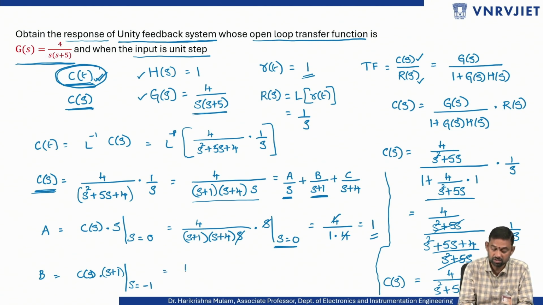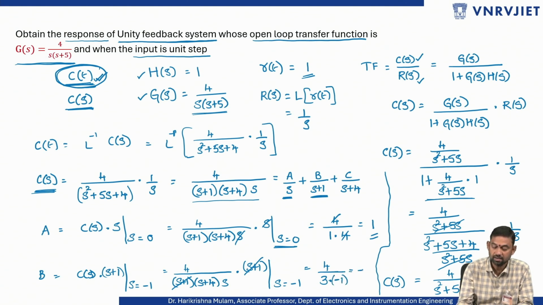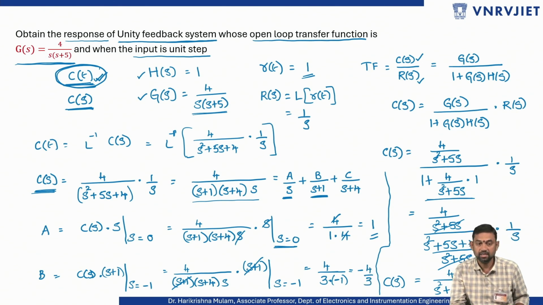C(s) is 4 by (s plus 1) into (s plus 4) into s, into this (s plus 1), when s is equal to minus 1. This (s plus 1) gets cancelled. That is equal to 4 by (s plus 4) into s, where s is minus 1: minus 1 plus 4 is 3, into s equal to minus 1. Therefore this is minus 4 by 3. Right?